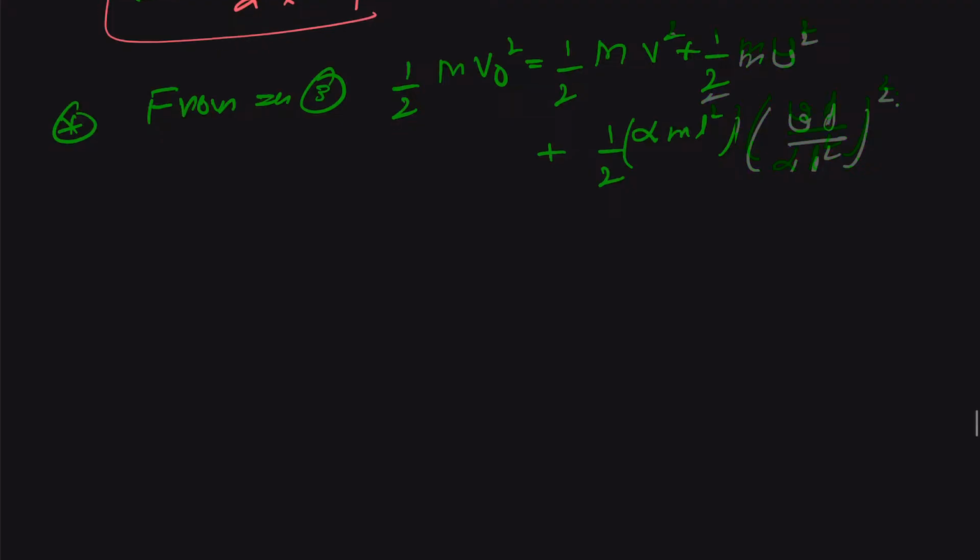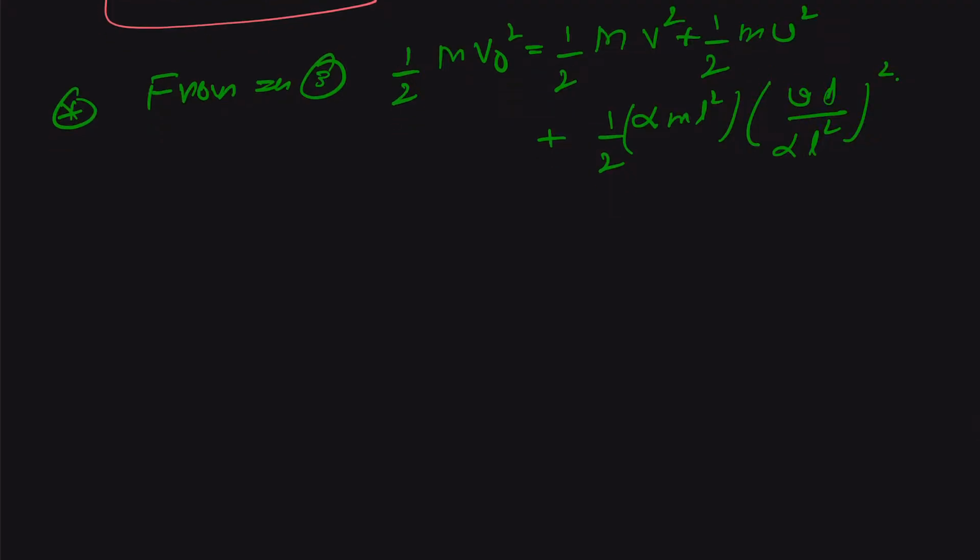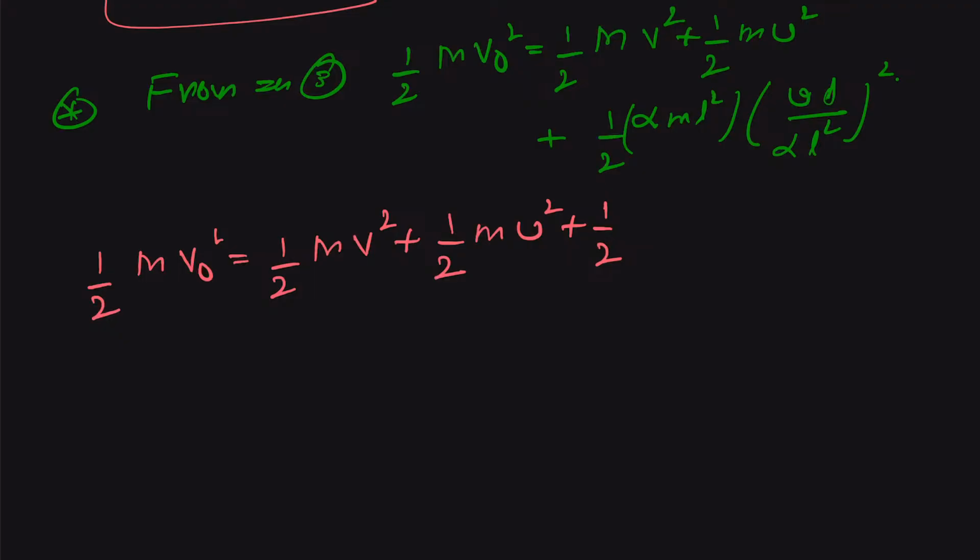Now we can rewrite it, and we can say that half m v naught square will be equal to half m V square plus half m small v square plus, and alpha square and alpha are going to cancel out, L square and L to the power 4 will also go away, so we are left with half, and this will be equal to d square times m.